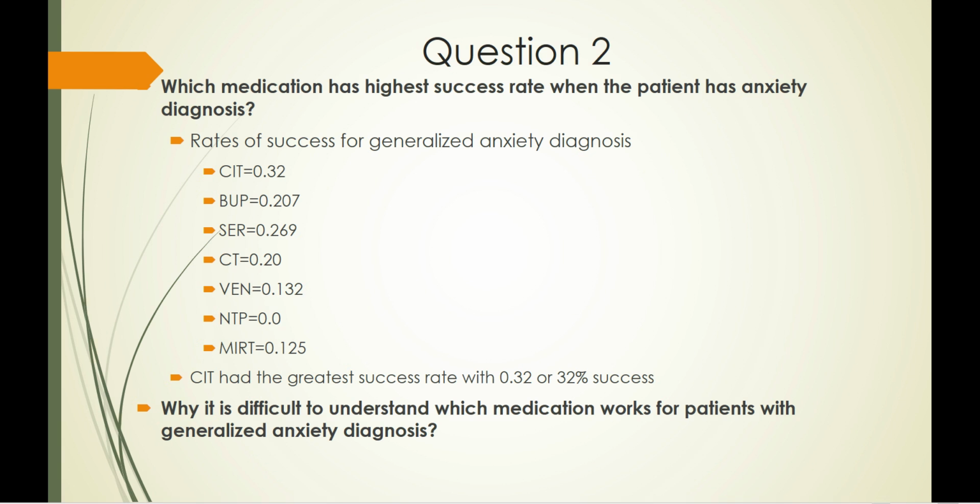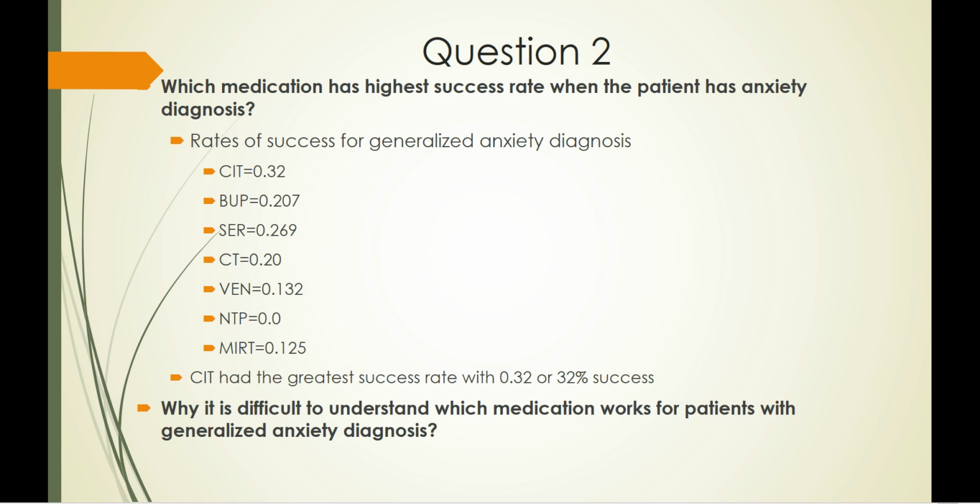32%. So part 2, question 2 asks, why is it difficult to understand which medication works for patients with an anxiety diagnosis? The reason for this is that every individual is different, and as a result, they react differently to different medications. One person may react in a good way, while for another, it may not work, or it just has negative side effects.